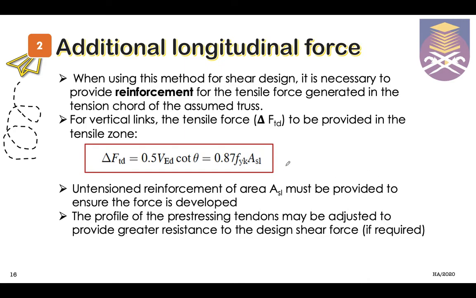This is one additional item which is not in the RC design. We have FTD equals 0.87 FYK ASL, so this untensioned reinforcement of area ASL must be provided to ensure the force is developed. The profile of the pre-stressing tendons may be adjusted to provide greater resistance to the design shear force if required.